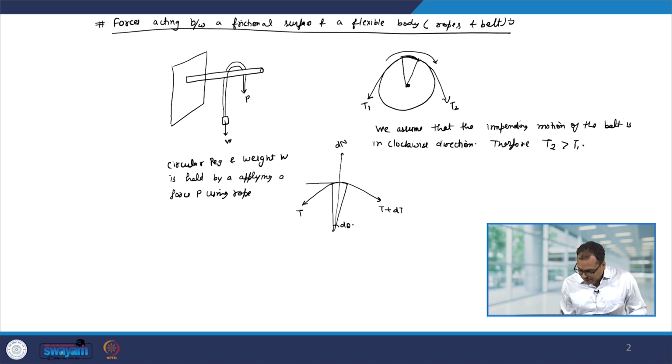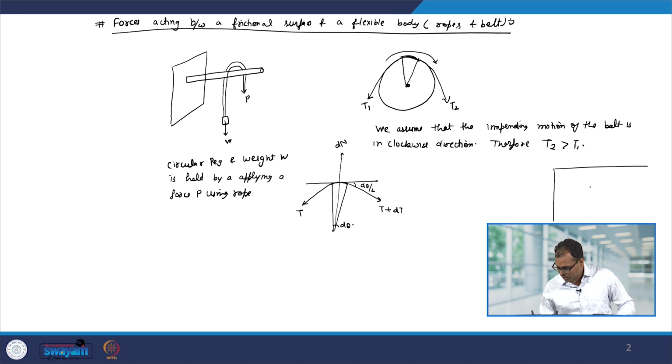Now, let us look at the angles. This angle will be d theta by 2. Let us see why. We have this angle as d theta, this is the belt. Let us draw a perpendicular. Therefore, this angle will be pi minus d theta, and we have to find out how much this angle is.